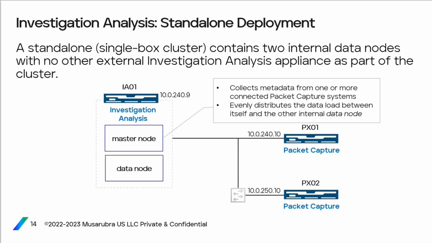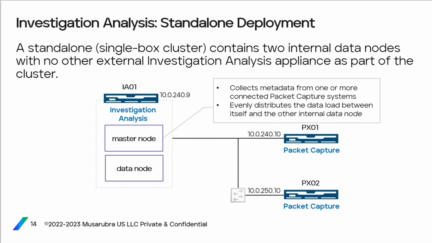It contains two internal data nodes. One is called a master data node, and the second one is just called a data node. And the master data node would be connected to one or more packet capture systems.